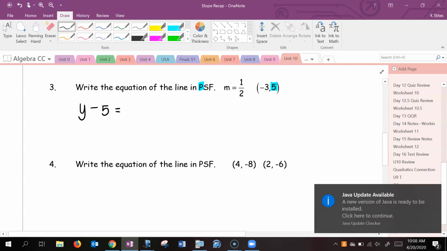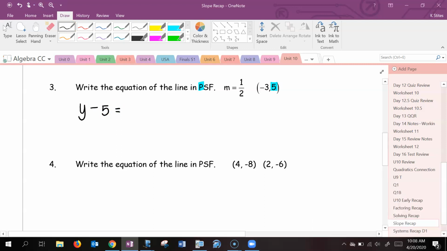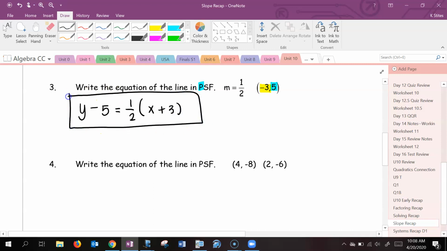Equals, and then we put our slope, which is 1/2, parentheses, x, and then the opposite of our x coordinate. So see how it's a -3? It's just a +3. And this is point slope form. There's nothing else to do with that. We don't distribute it. Distributing happens when we do slope intercept form, which we are not to quite yet.